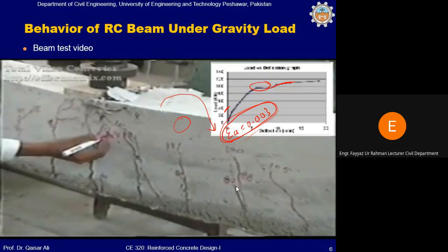Clear? At the cracking stage, at the second stage, and then at the final stage. So we will apply the reinforced concrete mechanics to derive the flexure capacity at these different loading stages.